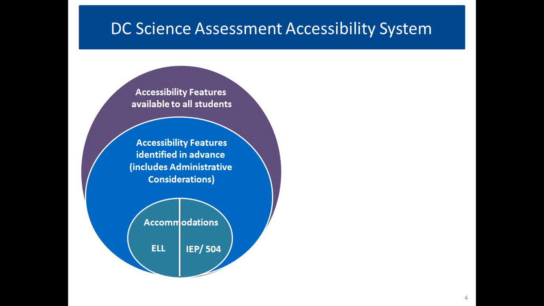Those are called accessibility features. Some of those accessibility features do not need documentation of any kind. That's because they just exist as they are. I'll show you some examples of those in a minute, that there are tools available for a student to access if they feel the need to during the assessment.